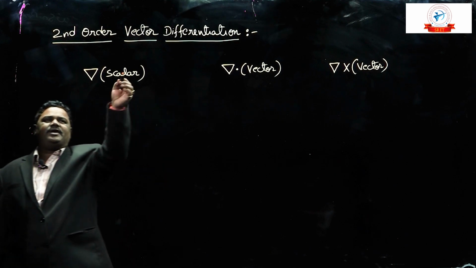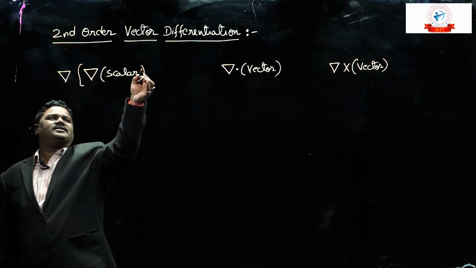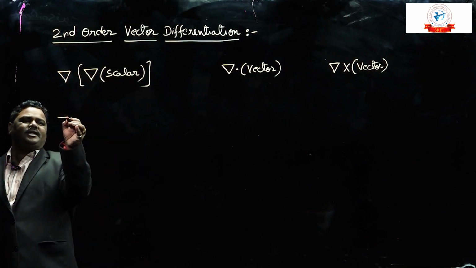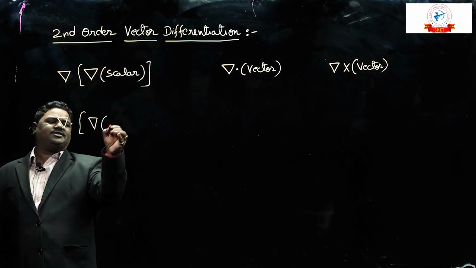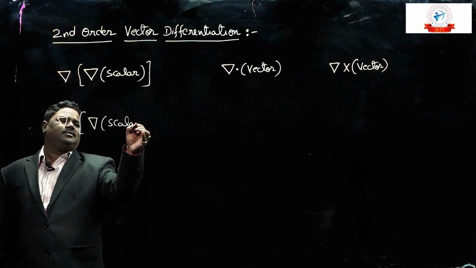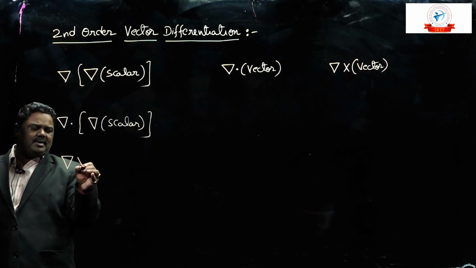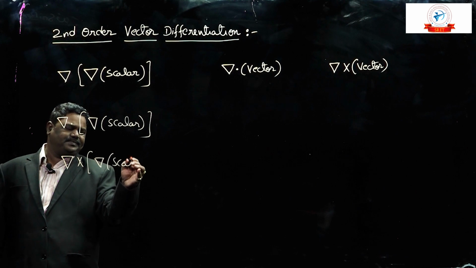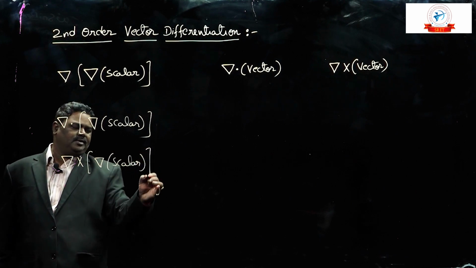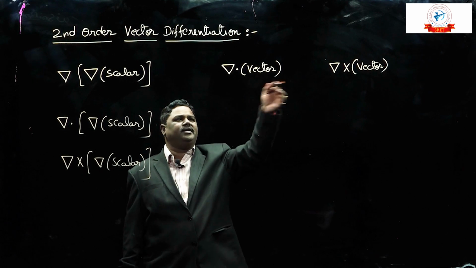First I will apply gradient as a second differentiation, then divergence, and then the curl operation. We got 3 combinations.